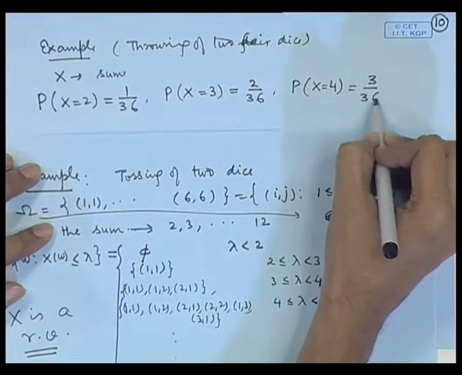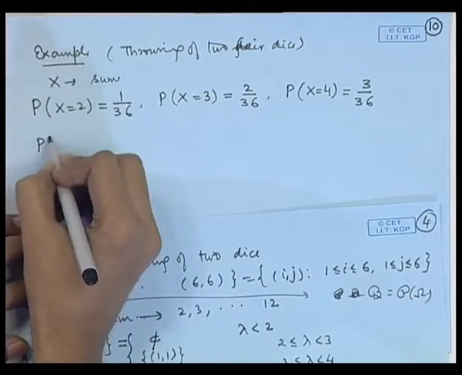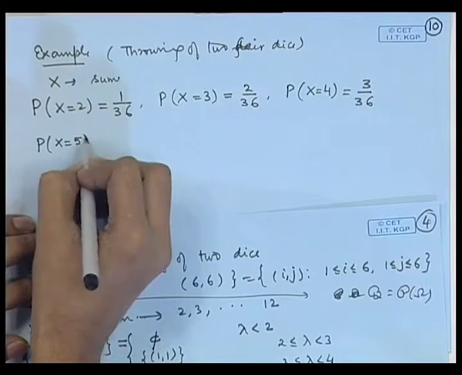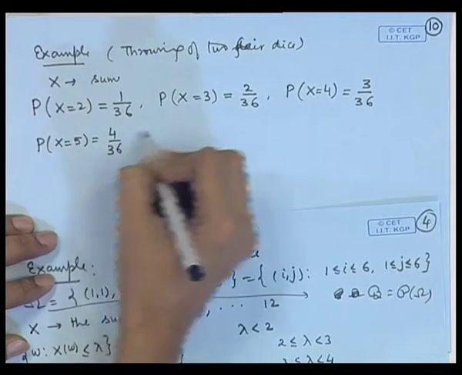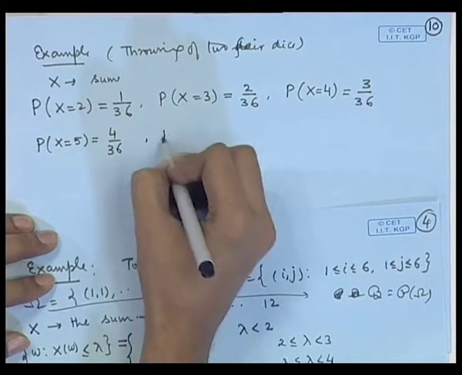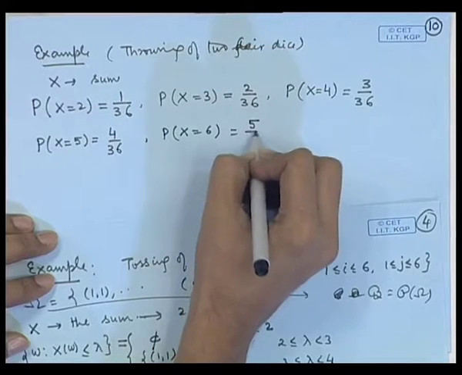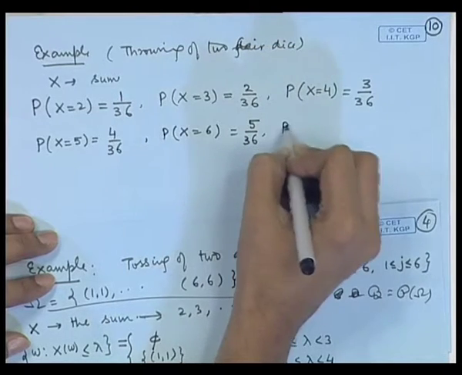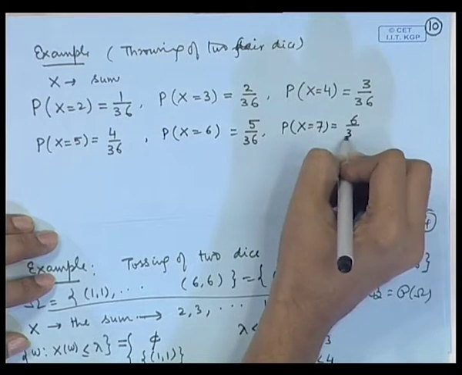So, in this fashion we can write down probability X is equal to 5 as 4 by 36. The outcomes will be 1 4, 4 1, 2 3, 3 2. Probability X equal to 6 is equal to 5 by 36. Probability X equal to 7 will be equal to 6 by 36.